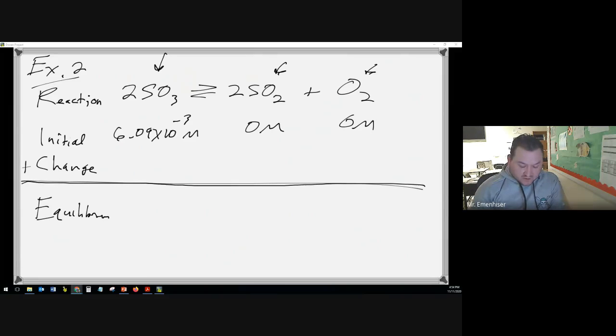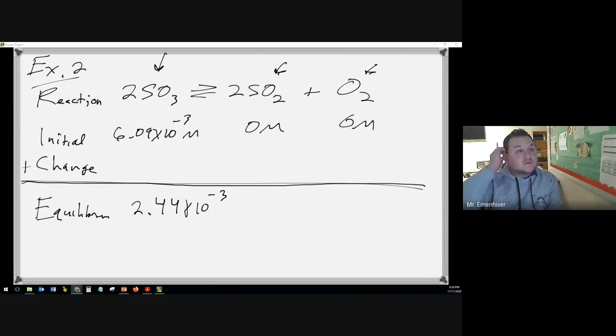And then we're told the equilibrium concentration. I think we have to be told the final equilibrium concentration of this guy, 2.44 times 10 to the minus 3. So this is what we're told.